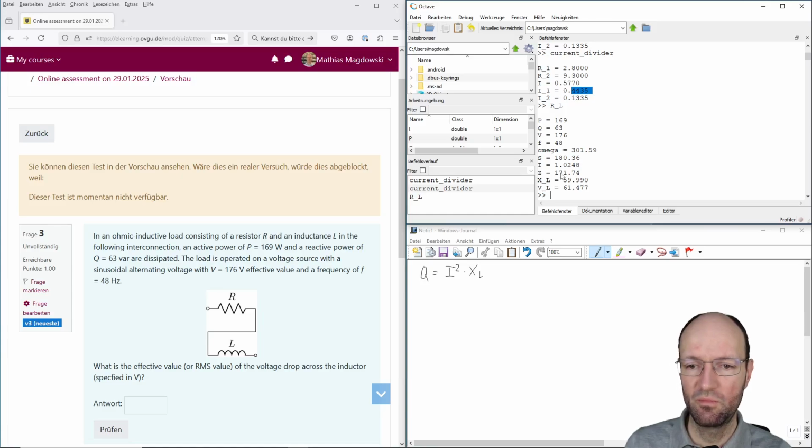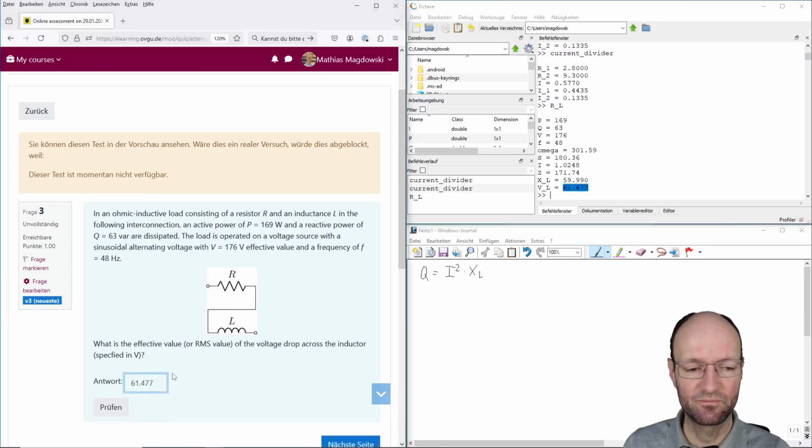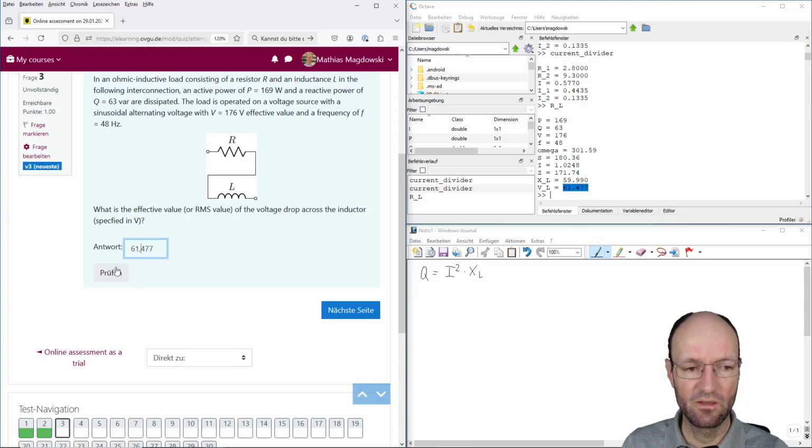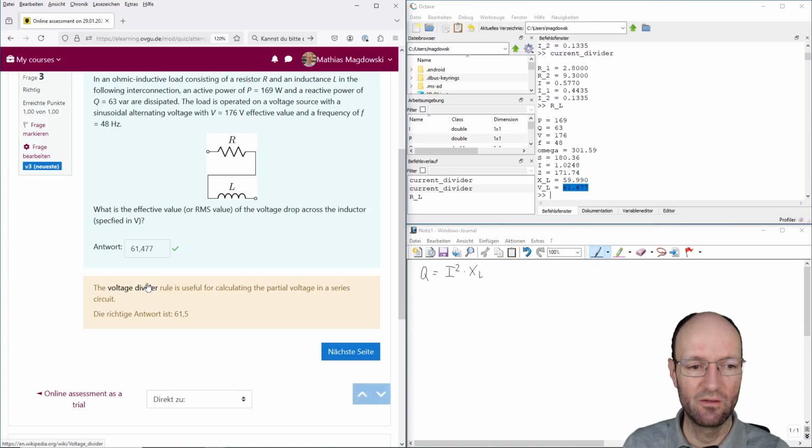Then this is the impedance, this is the reactance, which somehow makes sense, and then we get 61 volt across this inductor, which also somehow makes sense if we have a total voltage of this, and if we have approximately, let's say, 3 times more active power, real power, than this reactive power. So this seems to be correct, and I can check the result here, and this is correct.